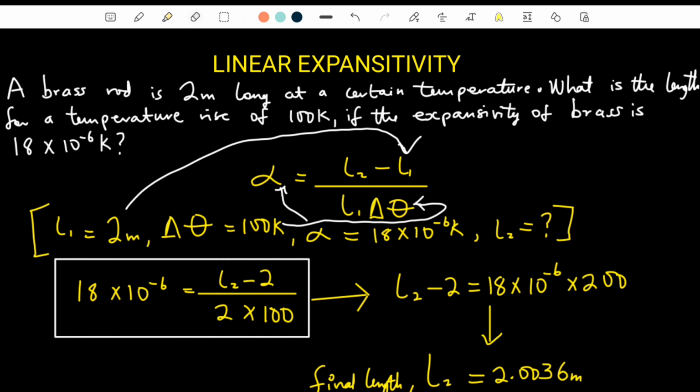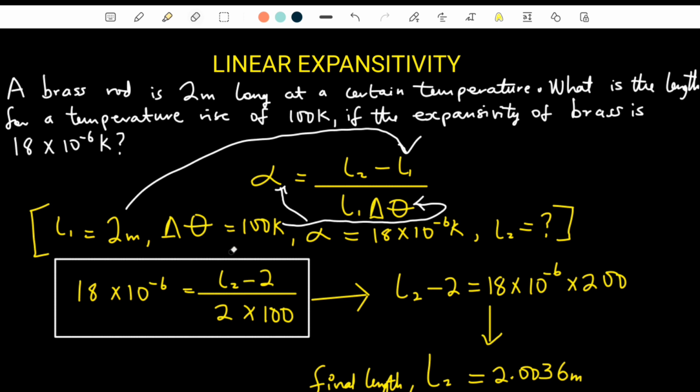You have this equation on the screen, the equation we looked at earlier. You actually need to be able to recall this equation. Linear expansivity equals change in length over original length, that's L1, times temperature rise. You have the original length from the question, that's 2 meters, right here in place of L1.